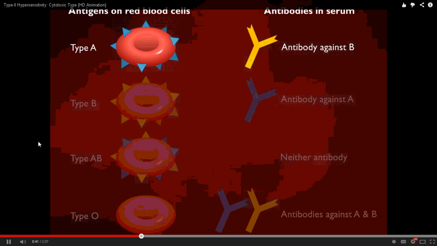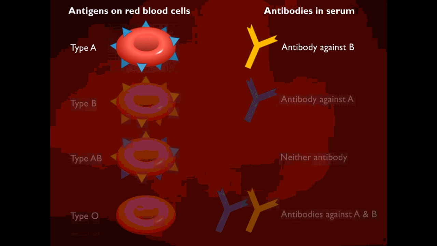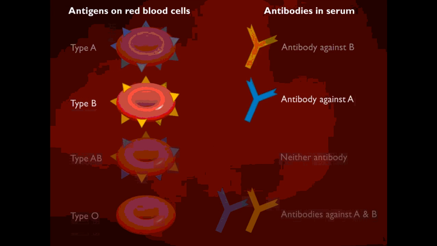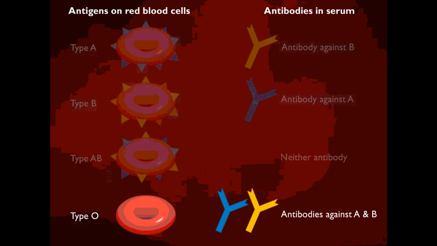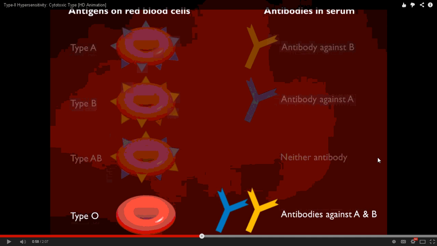Type A blood contains antibodies against type B antigens, and the serum of people with type B blood contains antibodies against type A antigens. Type AB serum contains neither antibody, and O serum contains antibodies against both A and B antigens. So people with O blood, they can't have any A's or any B's in their body. So they'll have antibodies against those to attack it whenever that comes into contact, and that's protecting them.